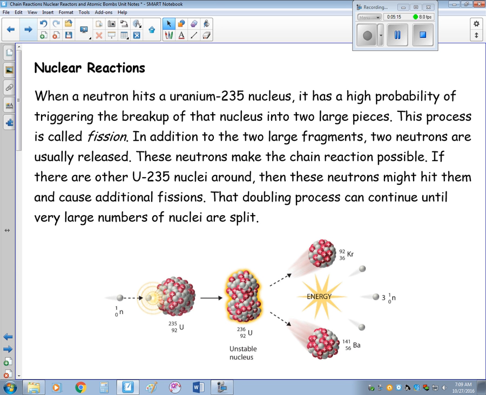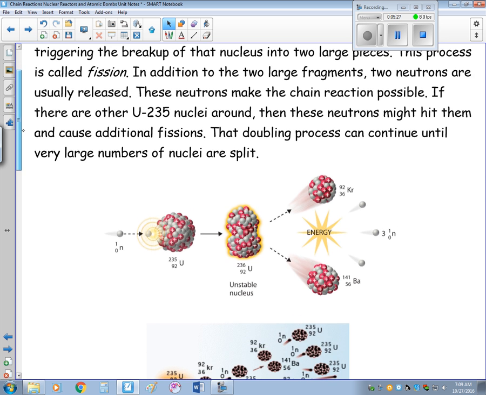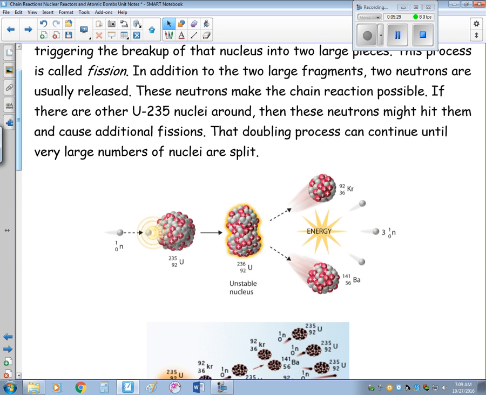In addition to the two large fragments, two neutrons are usually released. These neutrons make the chain reaction possible. If there are other uranium-235 nuclei nearby, those stray neutrons might hit them, causing additional fissions. And that causes a doubling process that can continue.